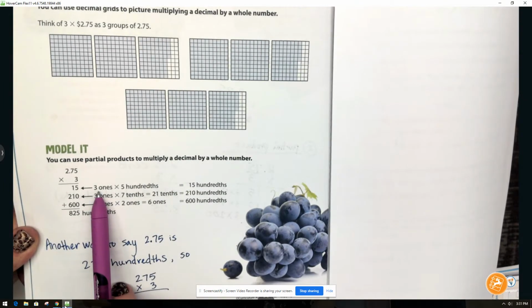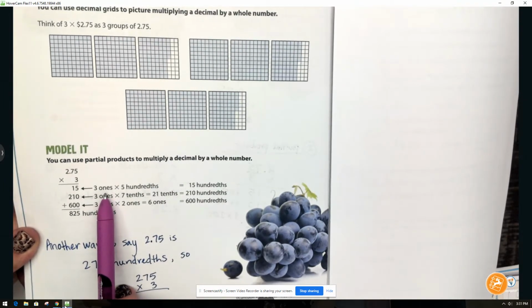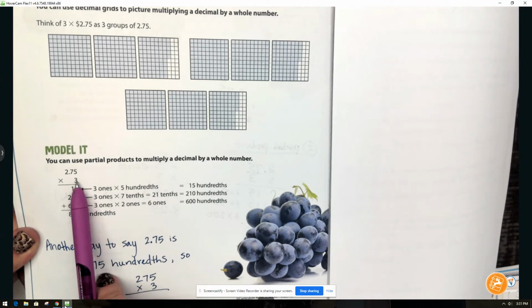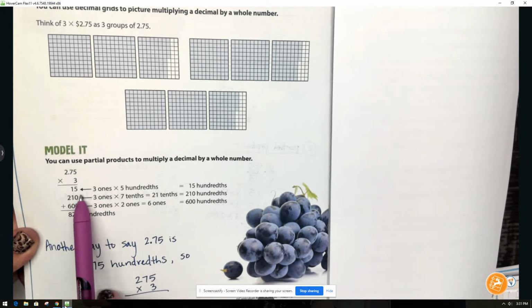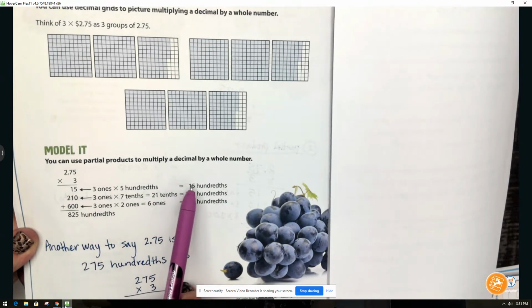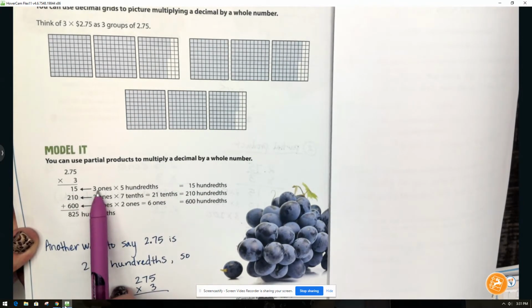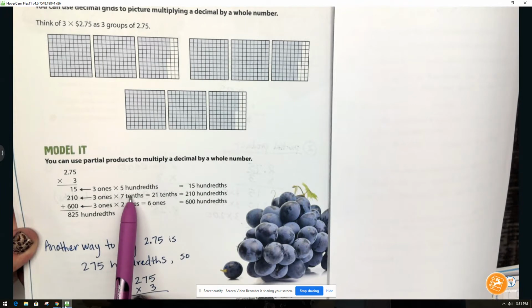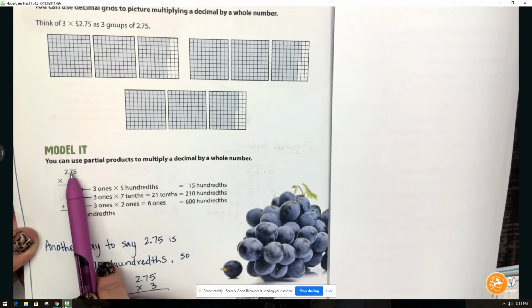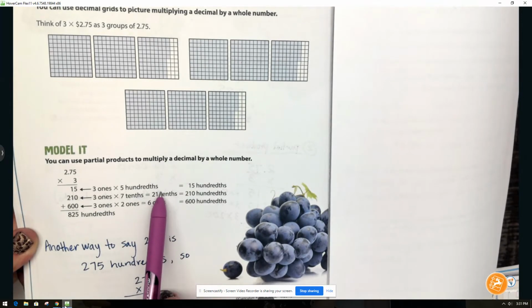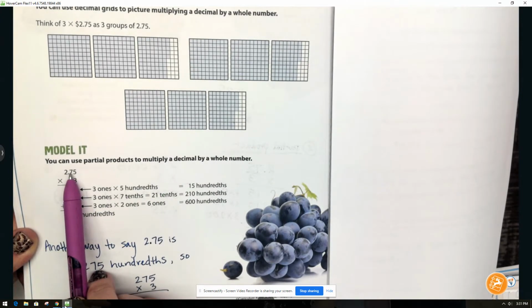So the one thing that they did here is they added the place values in. So we multiplied 3 ones times 5 hundredths, which gives us 15 hundredths. Then we multiplied 3 ones times 7 tenths. And 3 ones times those 7 tenths gave us 21 tenths because 3 times 7 was 21.